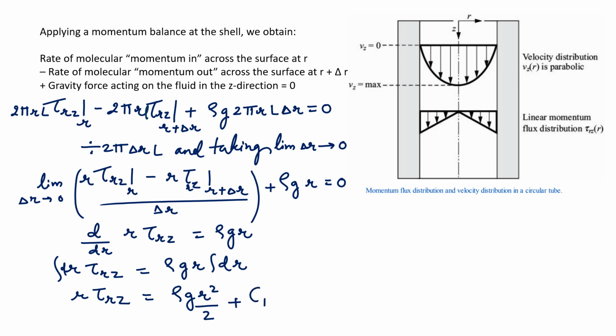Now tau rz equals rho g r upon 2 plus c1 upon r.